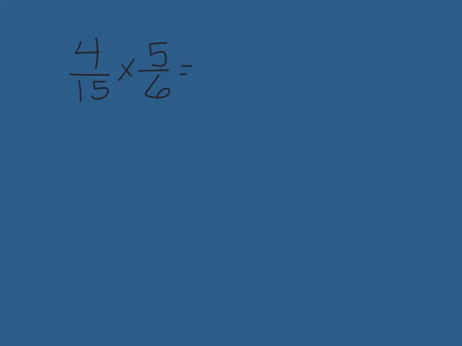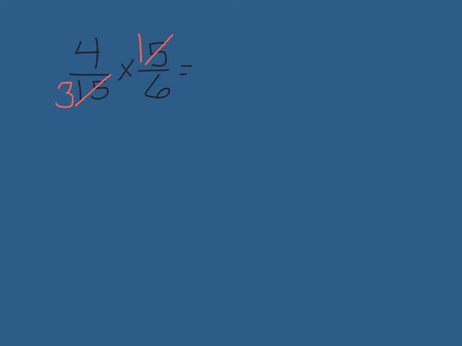Let's take a look at 4/15 times 5/6. So our first step will be, let's see if we can use the greatest common factor for any of these and reduce them down. I see a 5 up here and a 15 here, and know that 5 goes into both of those. So 5 goes in here 1 time, and in here 3 times.